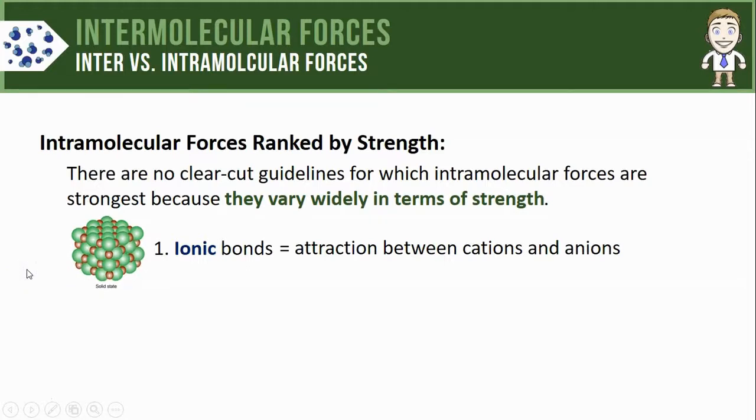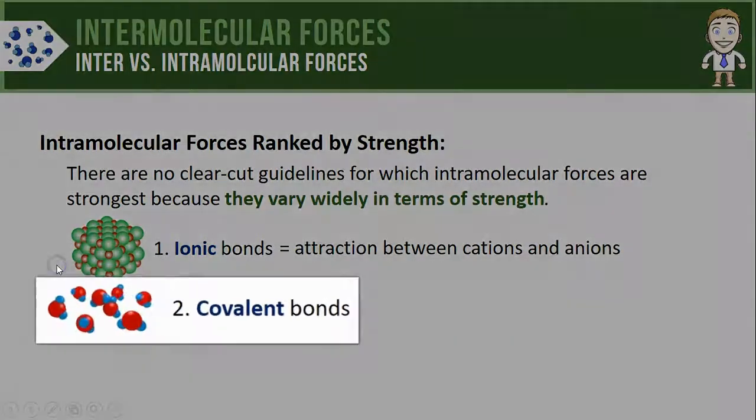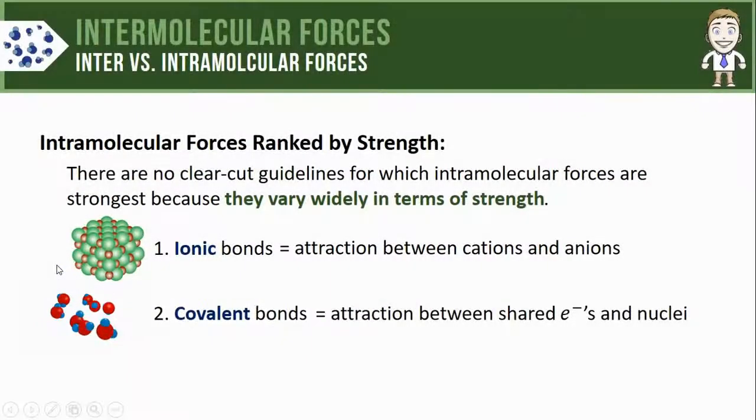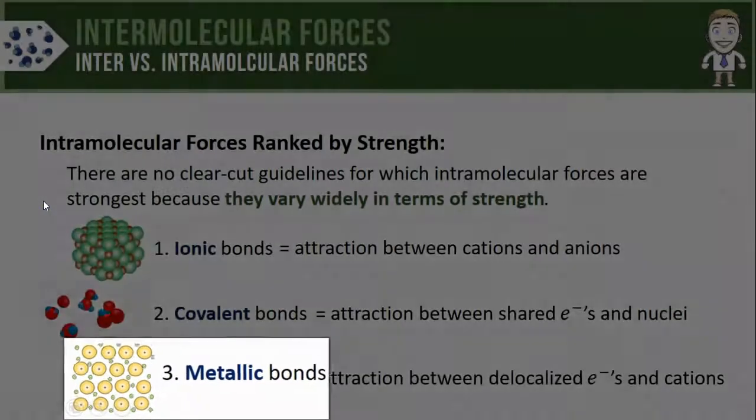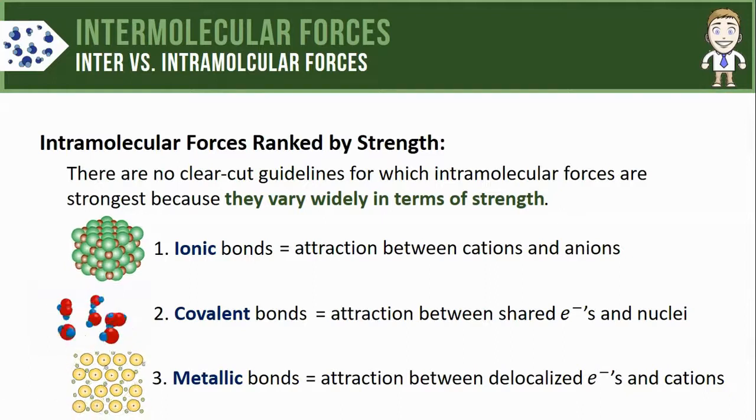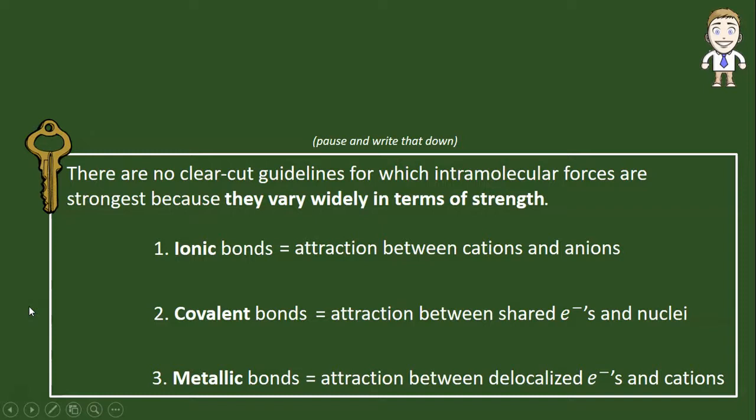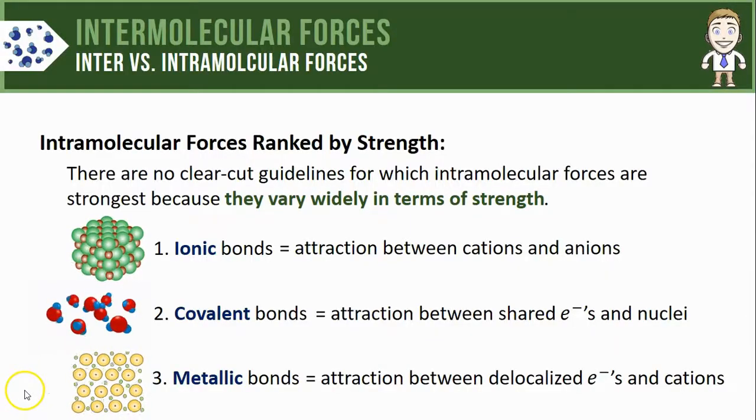Ionic bonds, of course, are the attractions between cations and anions. At number 2, we'll have covalent bonds, the attractions between shared electrons and two separate nuclei. And in last place, metallic bonds, the attraction between delocalized electrons and the metal cations in the sample. That list makes up some more of the key ideas for this video. Make sure you take a moment and write them all down.